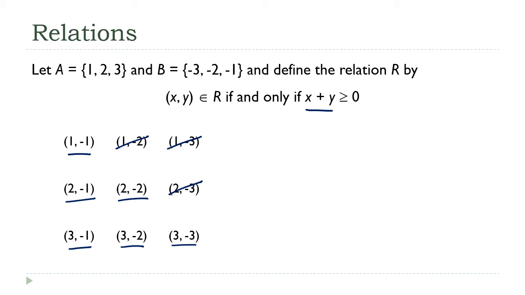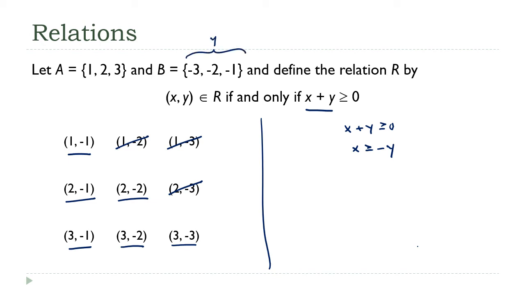Now, if we wanted to do this algebraically, I could take this a little differently and say, look, I need x plus y is greater than or equal to 0. So what does that mean? That means I need x values that are greater than or equal to -y. So pick a y value. Remember, the y values come from B over here.